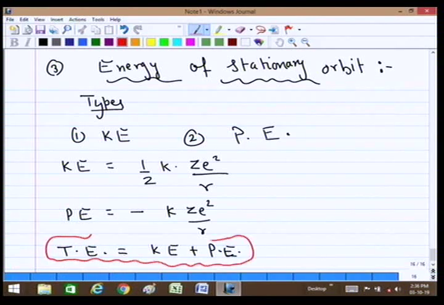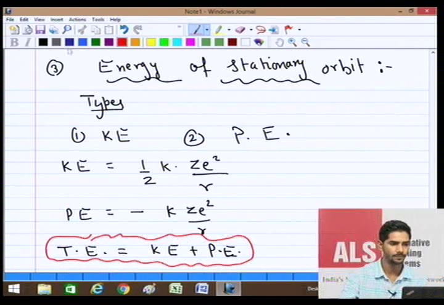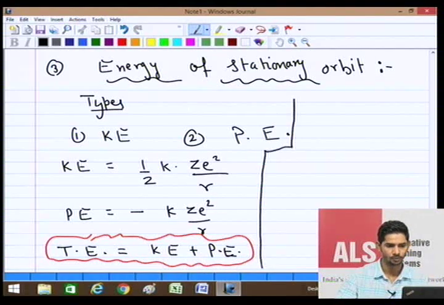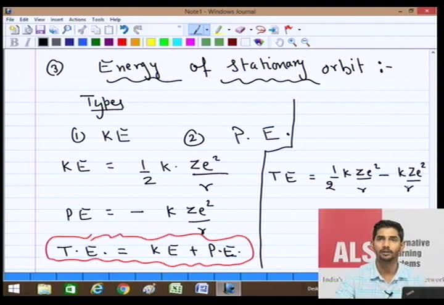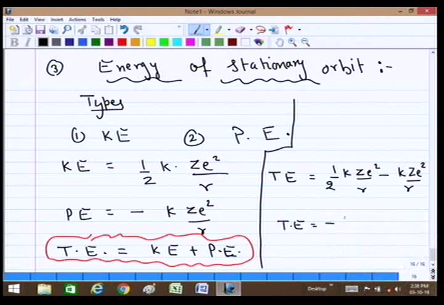We just have to remember the results. On adding these two, we get total energy equal to half of KZe square by r minus KZe square upon r. On solving it, total energy is equal to minus half of KZe square by r.